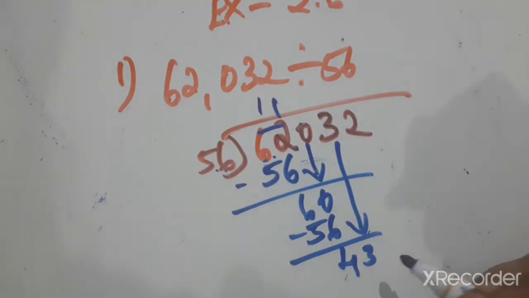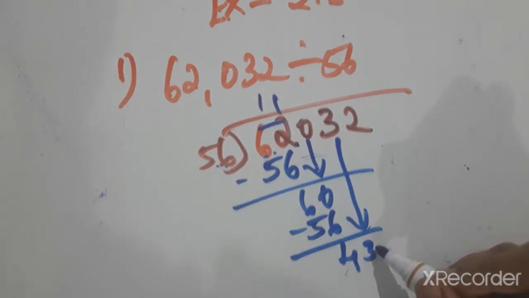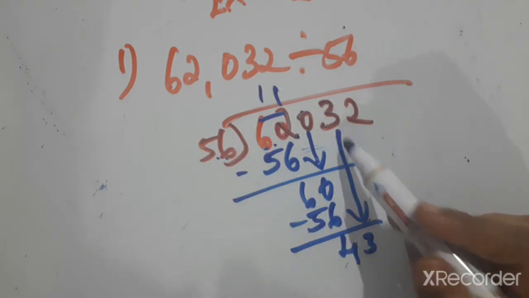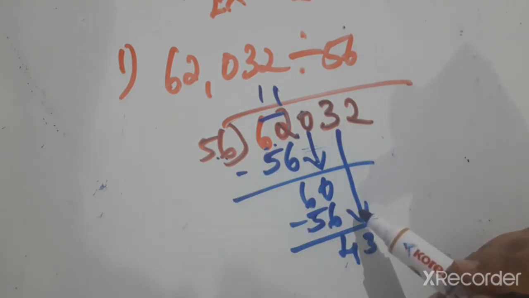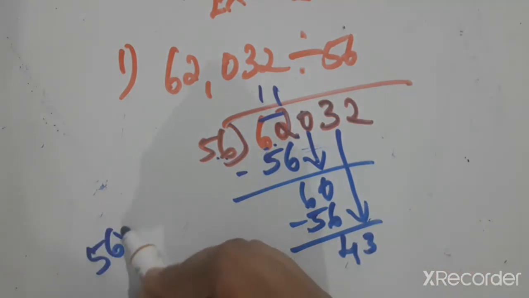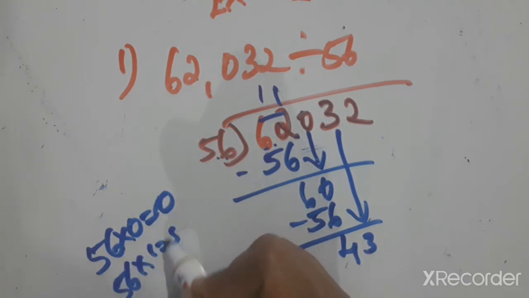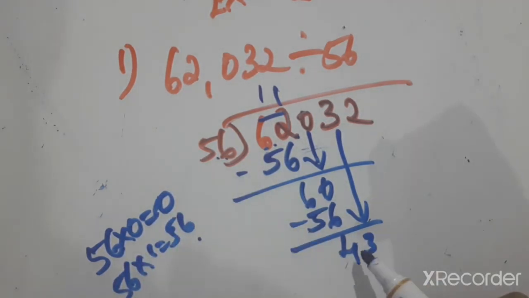43. 56 times how much is nearer to 43? We can't get 43, because 43 is less than 56, and in this step we are taking only one digit. In this method, 56 zeros are 0 and 56 ones are 56, which is greater than this number.